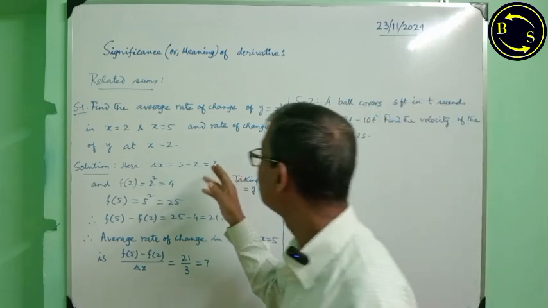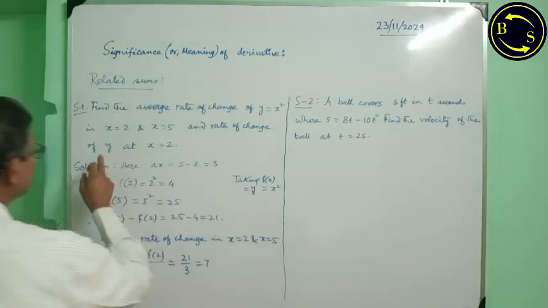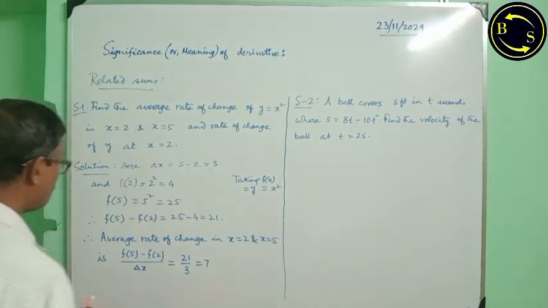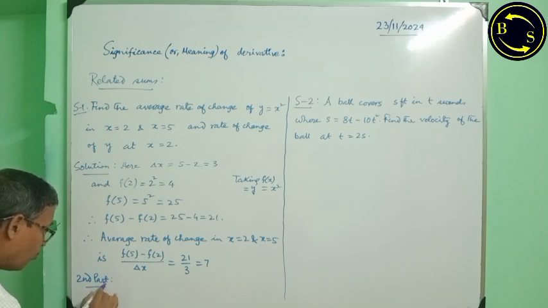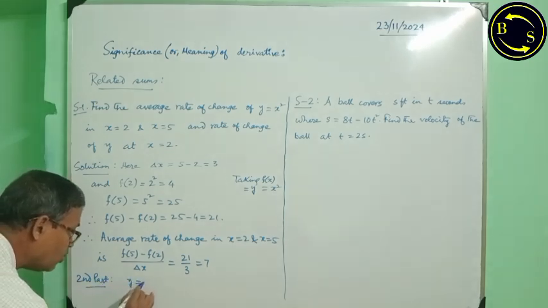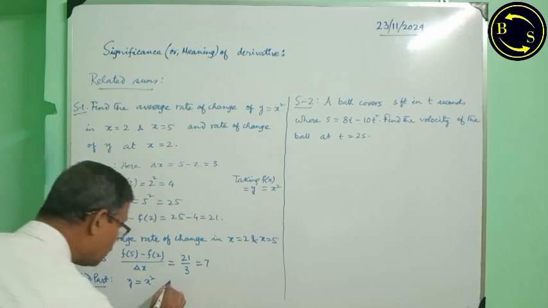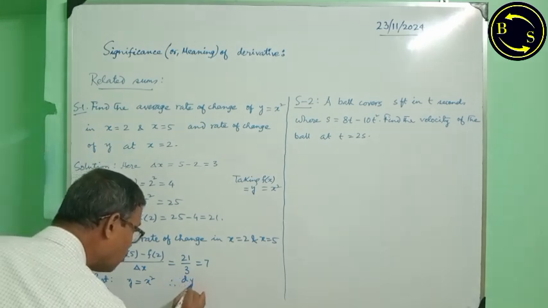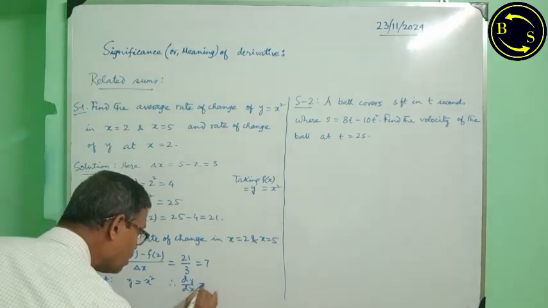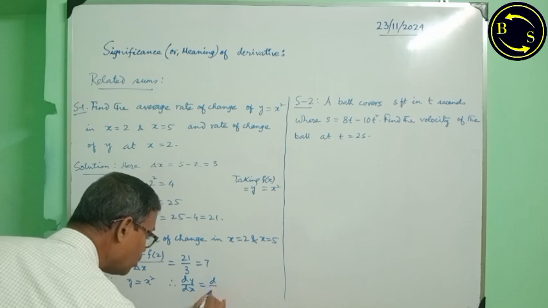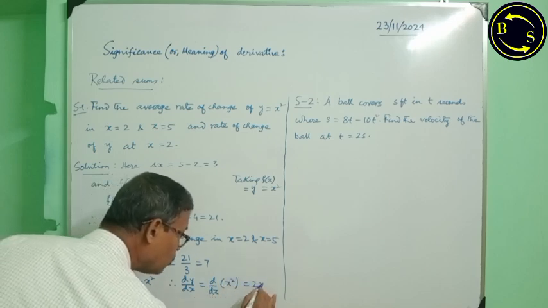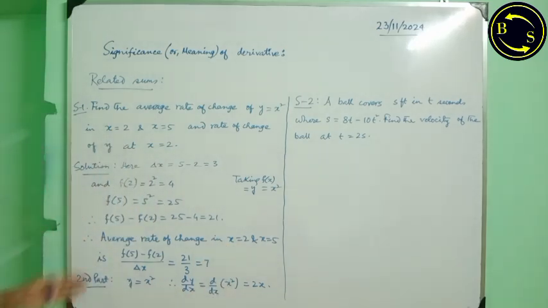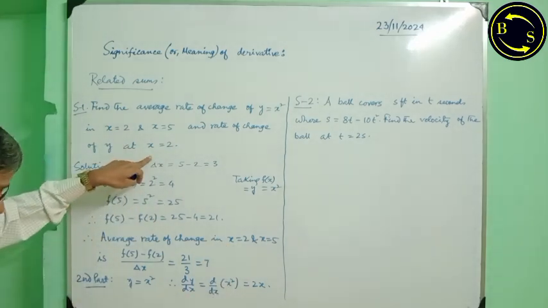Now we have to find the rate of change of y at x equal to 2. For that, second part, y is equal to x square, therefore dy dx, that is equal to d dx x square, that is equal to 2x. Rate of change of y at x equal to 2.